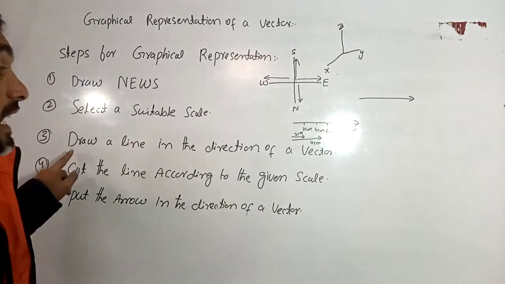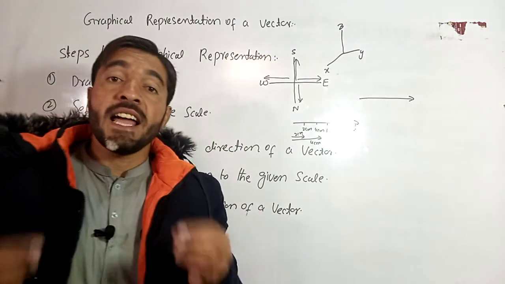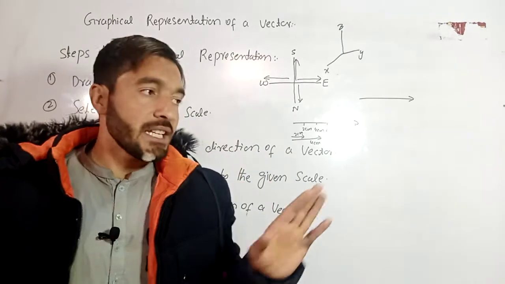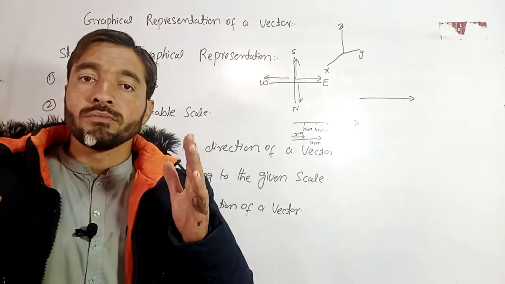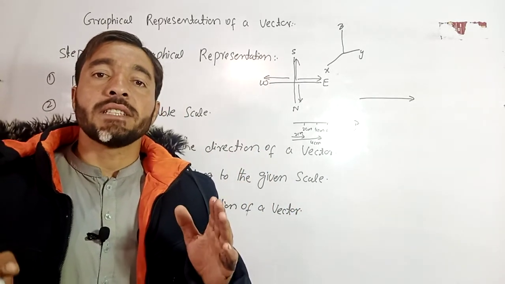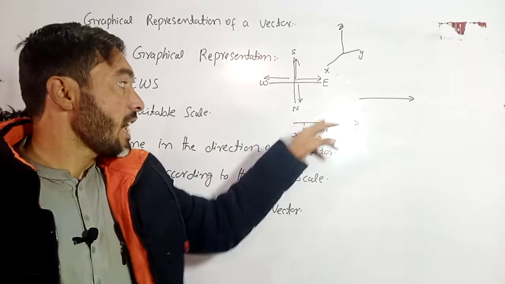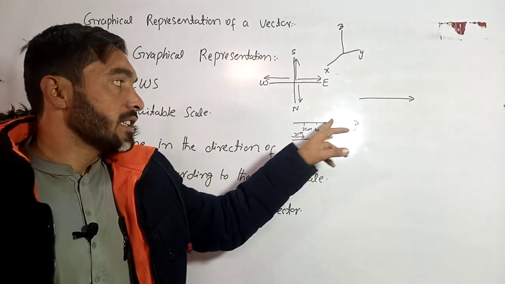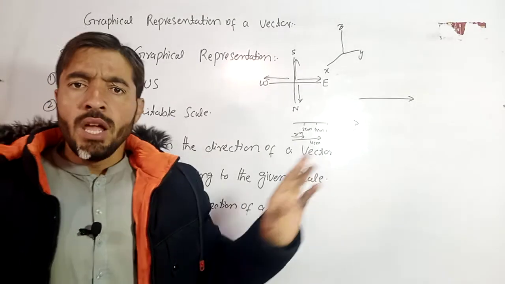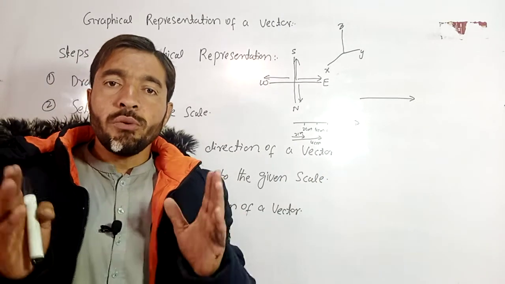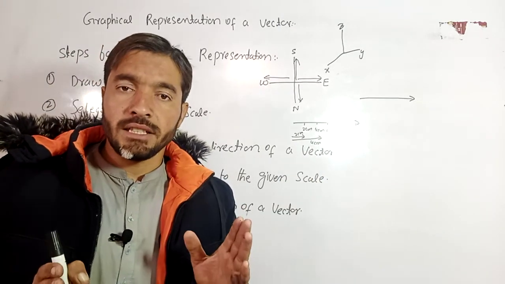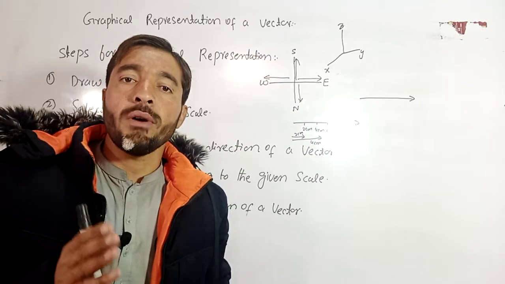The third step: draw the line in the direction of the vector. For example, our required vector is in the direction of east, so we will draw the vector in the east direction. Now we will cut the line according to our value.